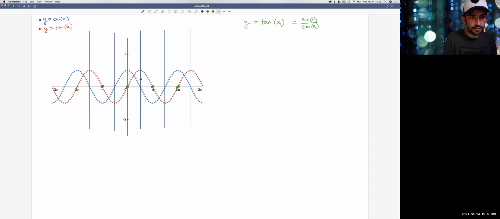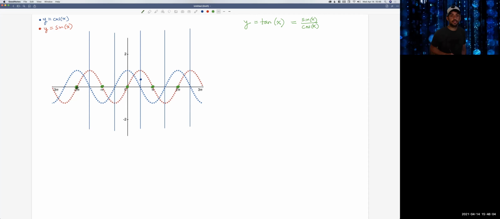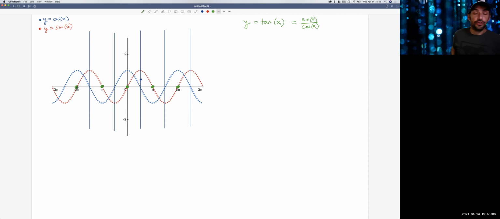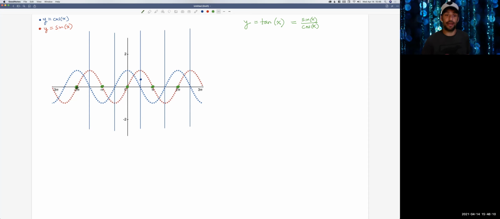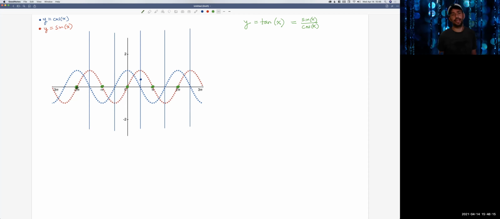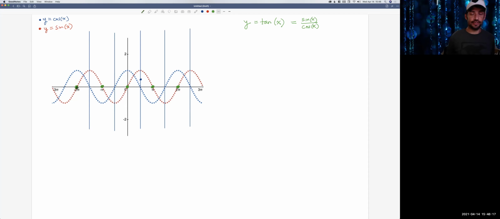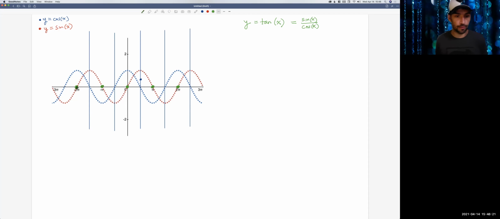Sine is red, a 0 here, and a 0 here. Okay. So we know that the tangent graph has to pass through those zeros, right? So those 5 points I have there, and then obviously extending forever as these graphs go on and on, but the ones on our screen, there's 5 points that tangent must go through.